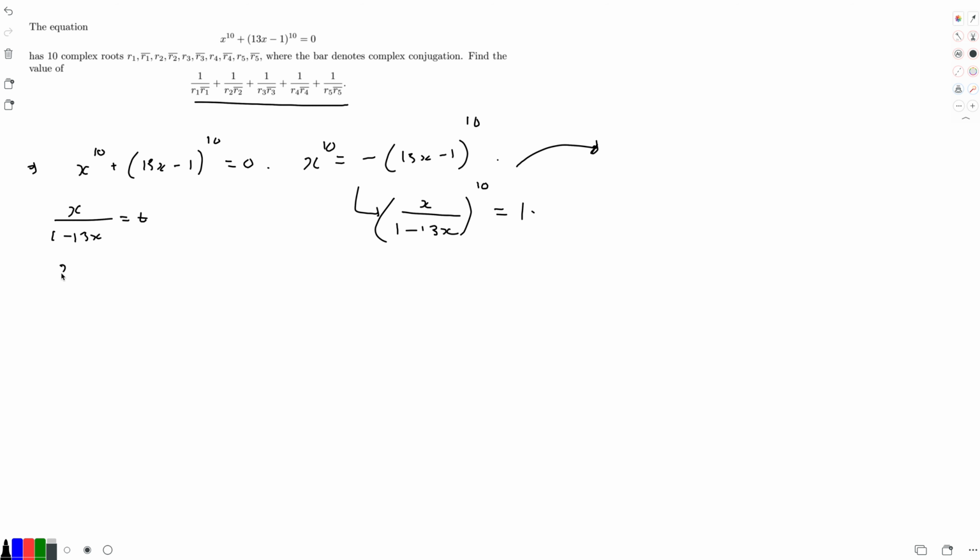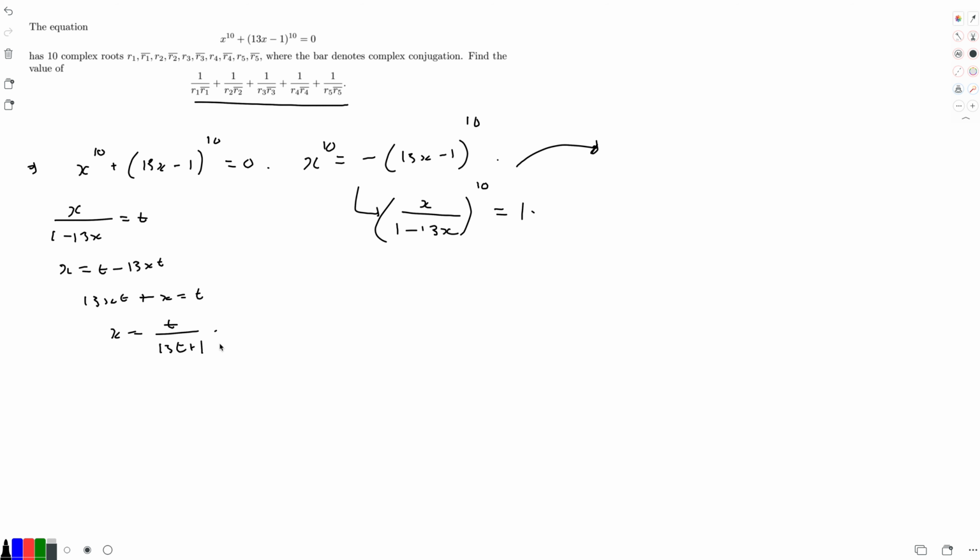So we have x is equal to t minus 13xt, or 13xt plus x is equal to t. And then solving gives us x is equal to t over (13t plus 1), right?